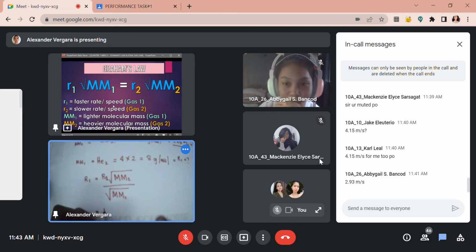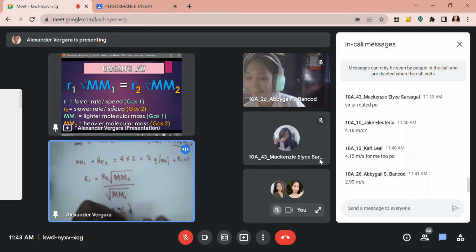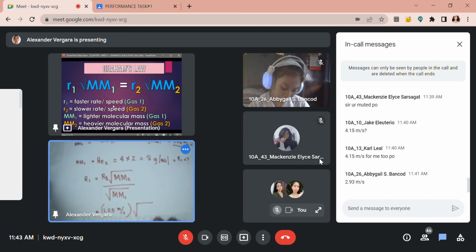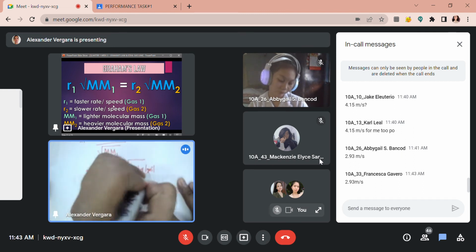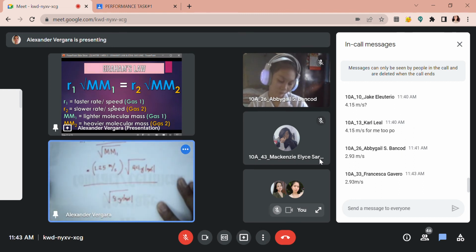R2 is 1.25 meters per second multiplied with the square root of MM2, that will be 44 grams per mole, all over the square root of MM1, 8 grams per mole. What we will do now is cancel the unit.